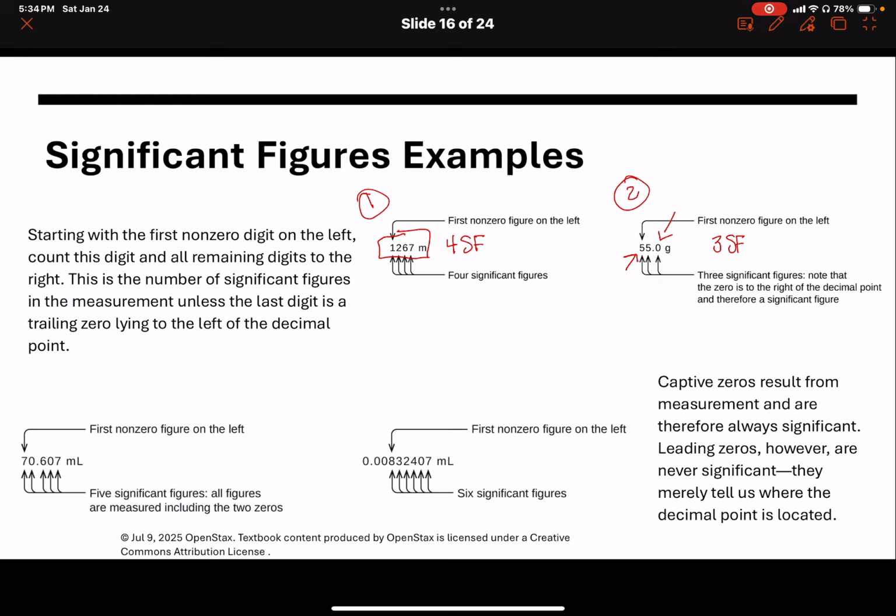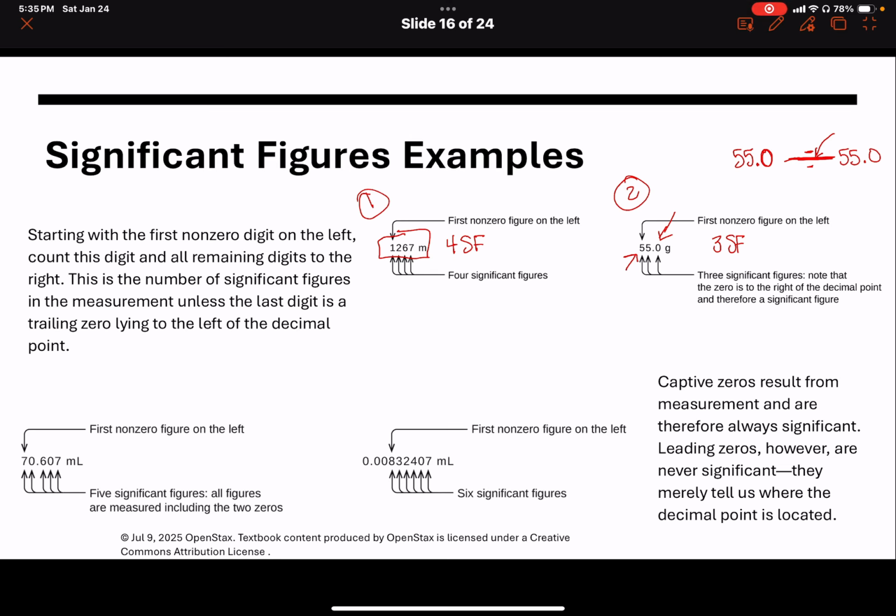And basically, the way I think of it is when you have a number like this where they put 55.0, that means that your measurement was directly, if you think back to the graduated cylinder, directly on the 55 point. So that's why we estimated to point 0. It wasn't up here, it wasn't down here, it was directly on the line.